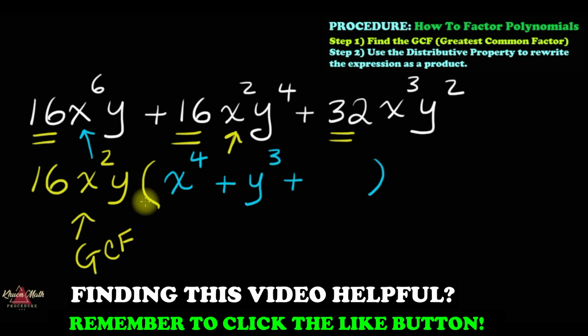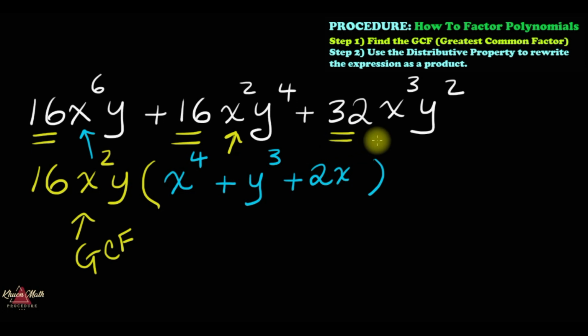And then here 16 goes into 32 2 times. And then x squared goes into x cubed x times. And then y goes into y squared y times. Okay? So our final answer here is 16x squared y.